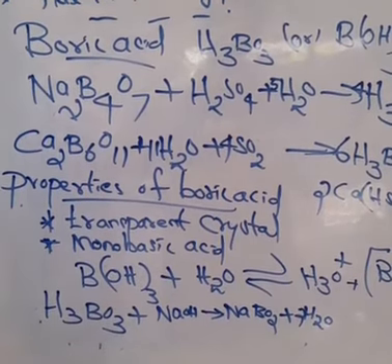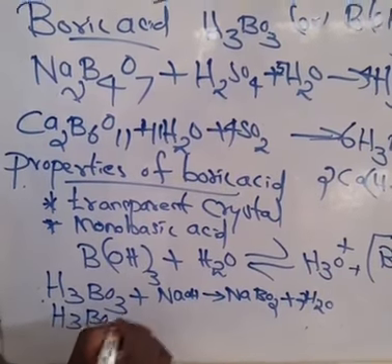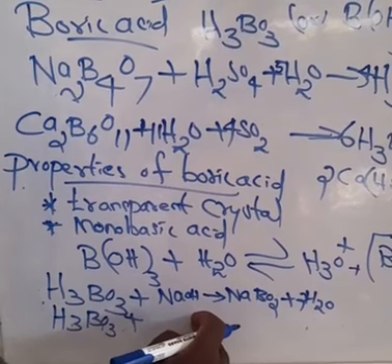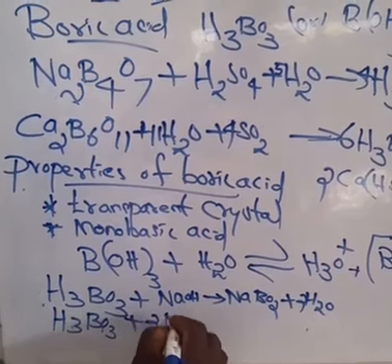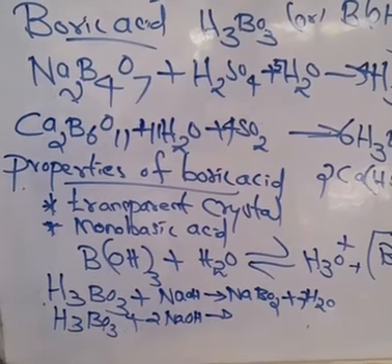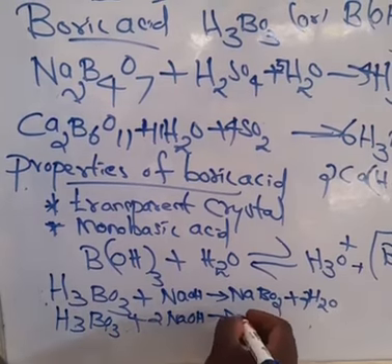Next, boric acid H3BO3 reacts with two molecules of sodium hydroxide, 2 NaOH. With two molecules of sodium hydroxide we get sodium tetraborate. What's the formula?